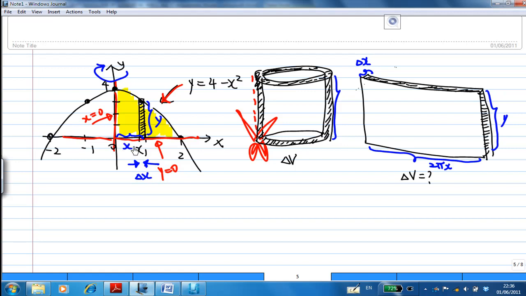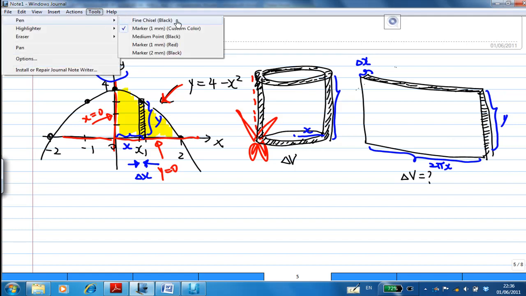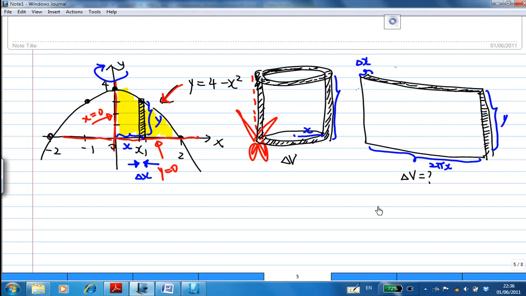So when you rotate the shell about the y-axis, you get a circle. And so when you cut the circle, you're going to get the circumference of the circle, which is 2 pi x. So the volume of this thin shell is 2 pi x times y times delta x.